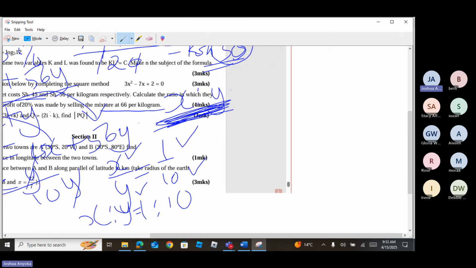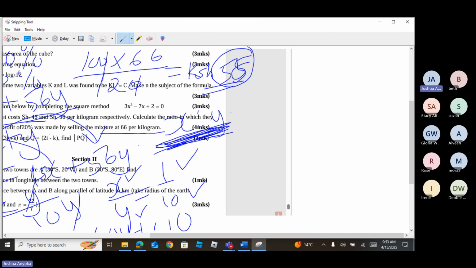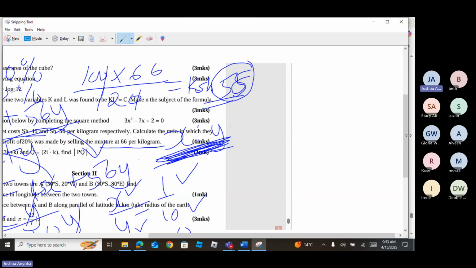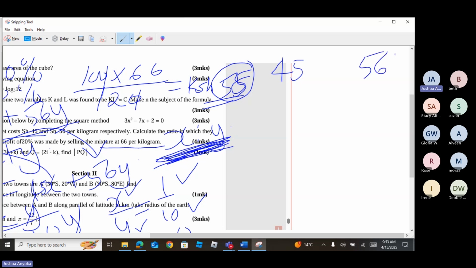What is the alternative method? We said there are people in the agriculture class. Alternative method: we had one quantity that was selling at 45, another quantity selling at 56. The cost of the mixture sits in the middle.